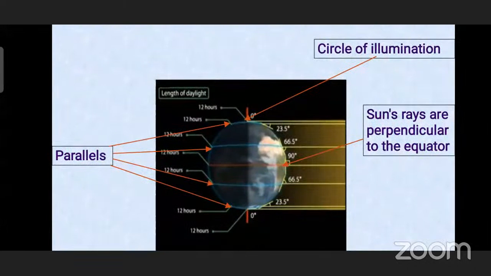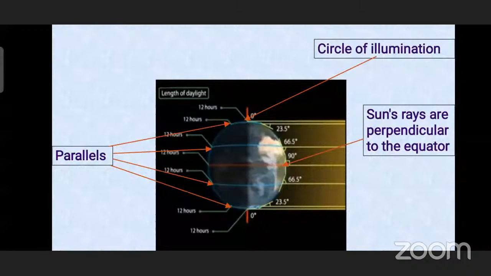So here you can see half part of the earth is illuminated and half part of the earth is dark. So you can see an imaginary circle which divides the earth into illuminated and dark portion. That imaginary circle is called as circle of illumination.